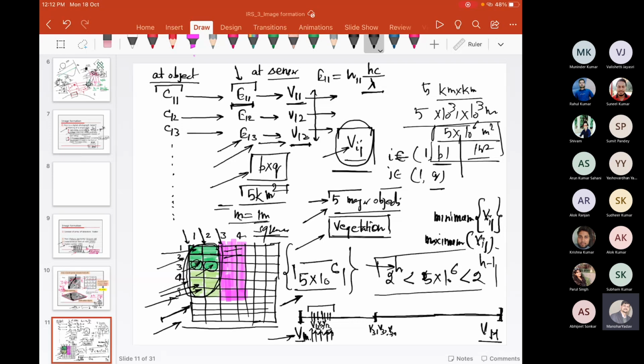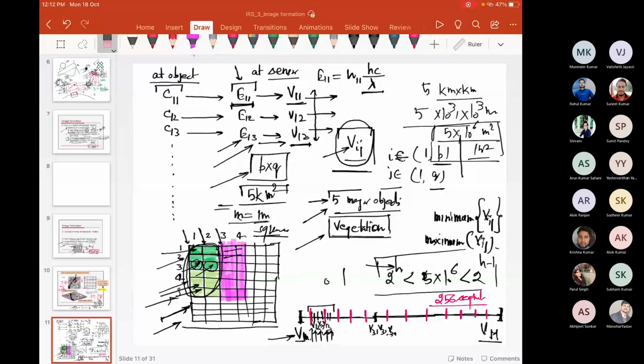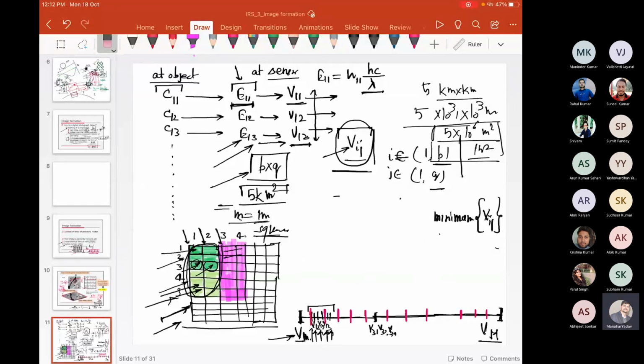Let's say we want to divide it into 256 segments. Even let's say we divide it into n equal segments.